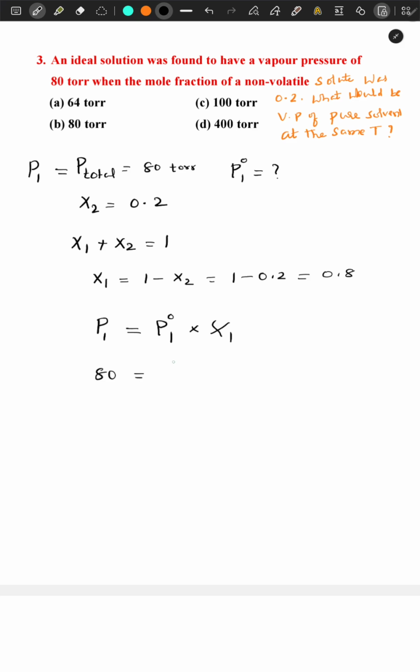Then P01, sorry, P01 we have to calculate. Chi1 means 0.8. So the vapor pressure of pure solvent will be 80 by 0.8. So this will be 100 torr. So the correct answer is option C. So third question, option C is correct.